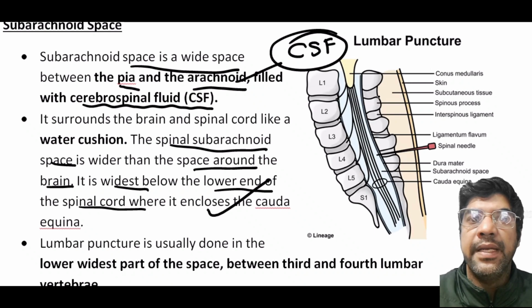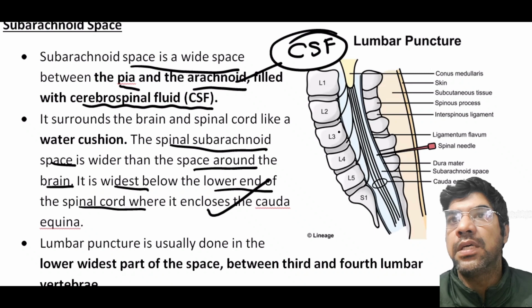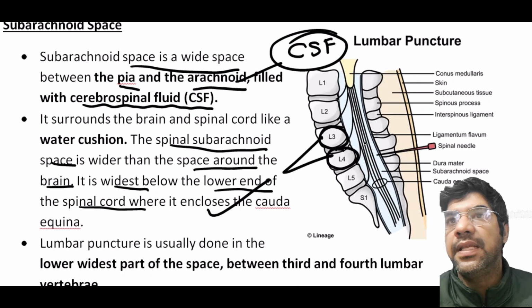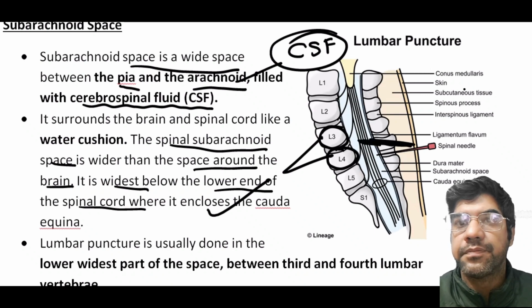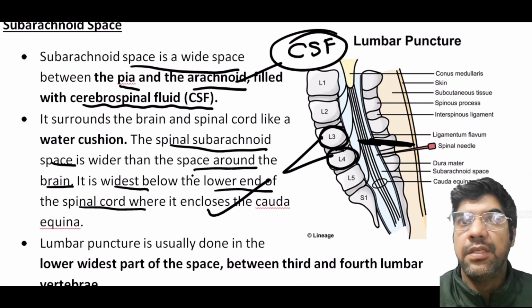It is conducted in the lower and widest part of the spinal subarachnoid space, generally between the third and fourth lumbar vertebra. The needle is inserted here. Lumbar puncture is also known as spinal tap.